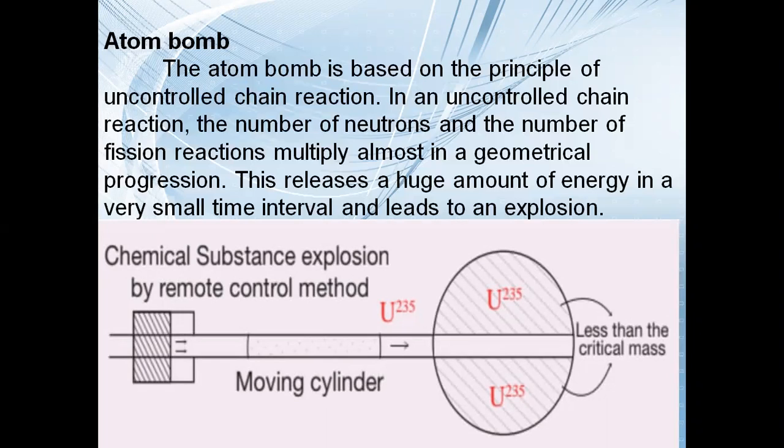So when the bomb is exploded, the cylinder is injected into the void using a conventional explosive. The two pieces of fissile material join to form the supercritical mass, which leads to an explosion. So the cylindrical fissile material and the void together make a supercritical mass.